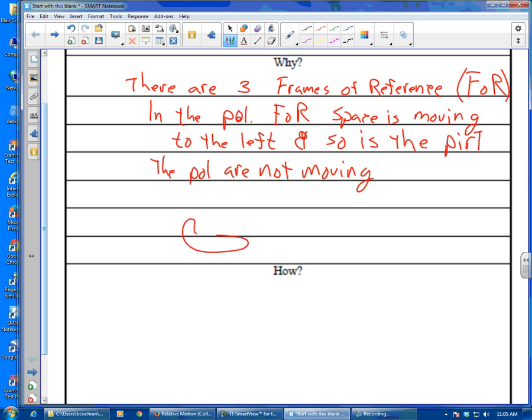The police are just sitting there. The velocity of space in reference to the police would be that direction, and then we can do our pirates, and this would be the velocity of the pirates with respect to the police, also in that direction. And this is just the police here. Velocity of space with respect to the police.